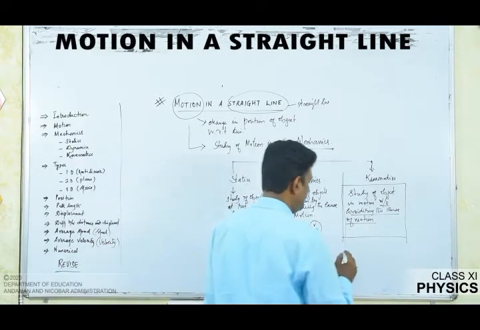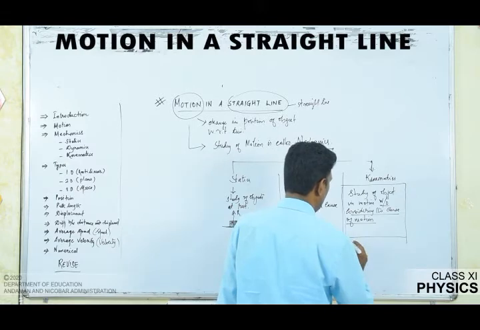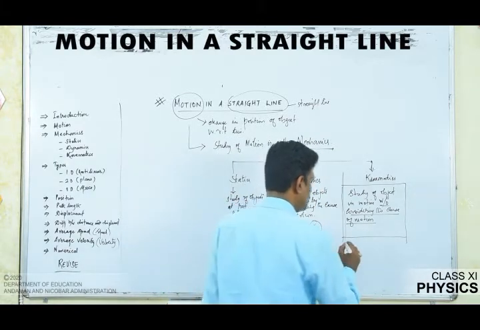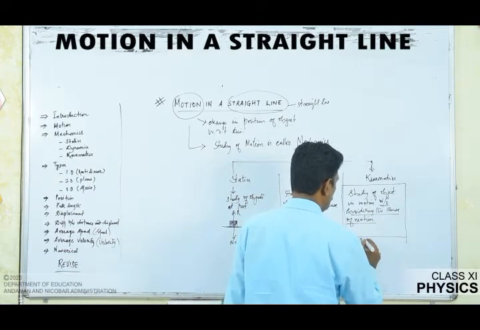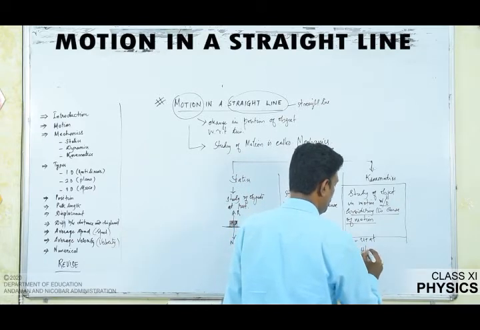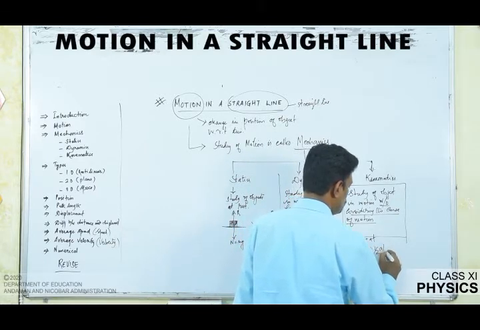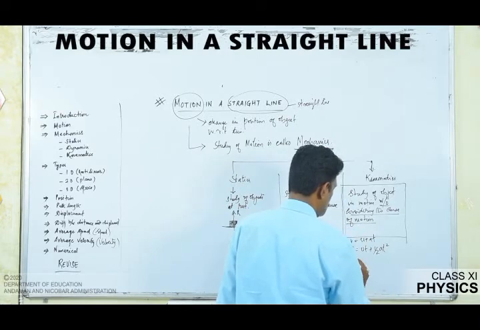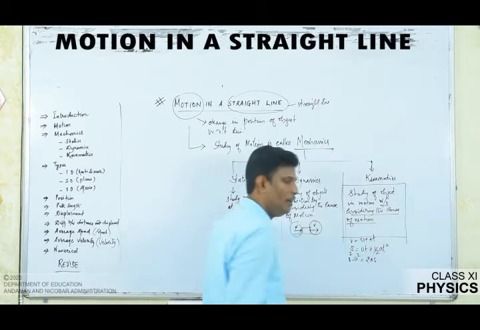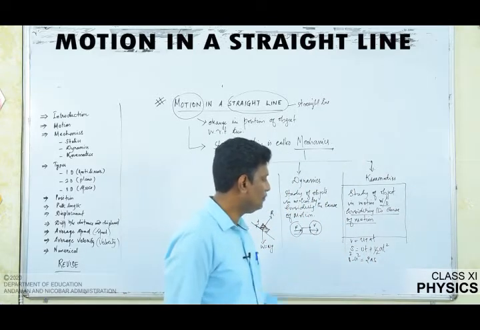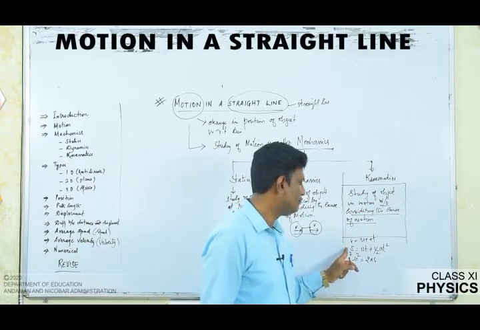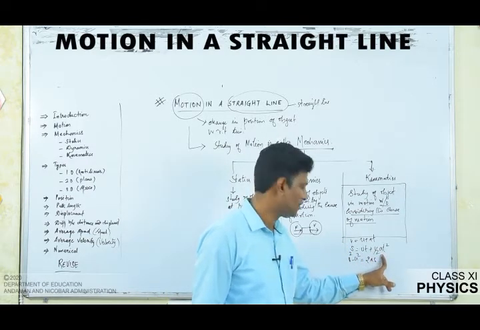You might have an idea about the equations of motion which you studied in class 9th, that is v = u + at, s = ut + half at square, and v square minus u square = 2as, where v is the final velocity, u is the initial velocity, s is the displacement, and a is the acceleration.